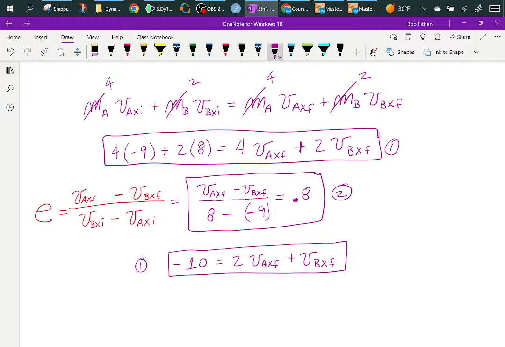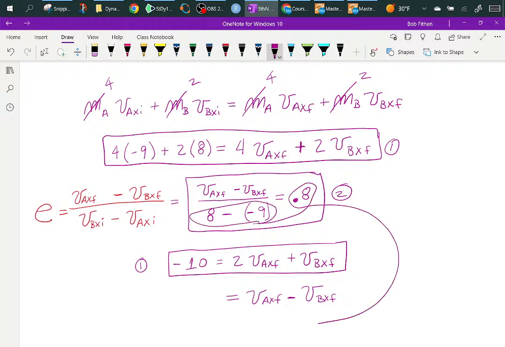Okay, so here is what I'll do. VAXF, I'm copying this part right here, minus VBXF equals, and next I'm going to take this value, multiply it times 0.8 and put it over here.